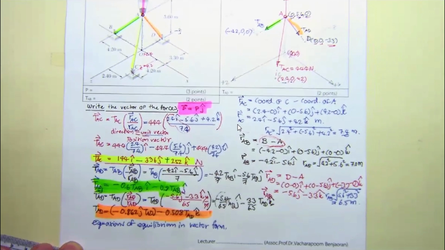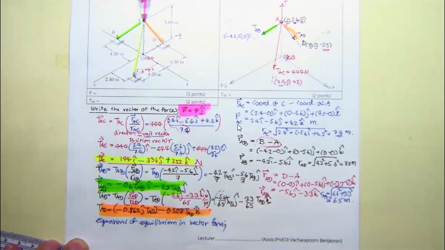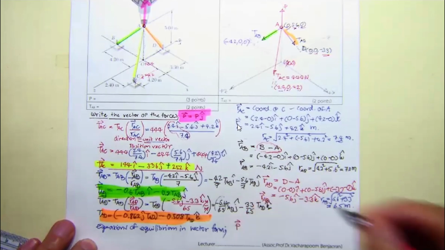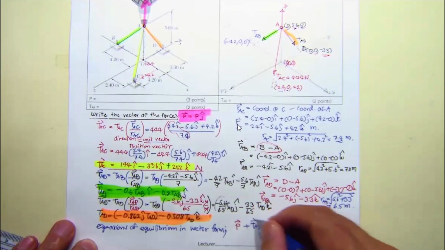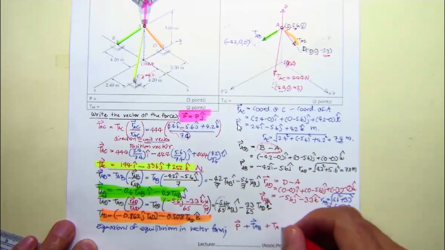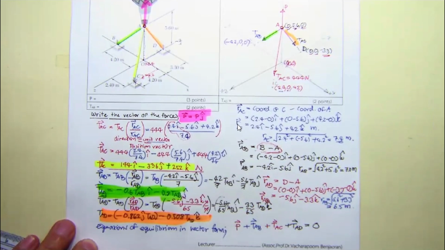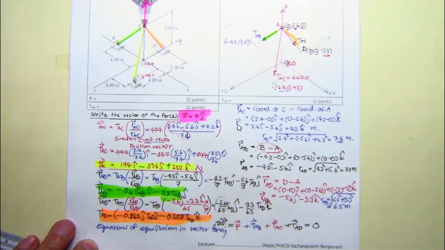So go back to the free body diagram. You have this one, T, and then plus T sub AB, and then plus T sub AC, and then plus T sub AD. That's going to be 0. Okay. Actually, this is going to be summation of the force vector equal to 0.